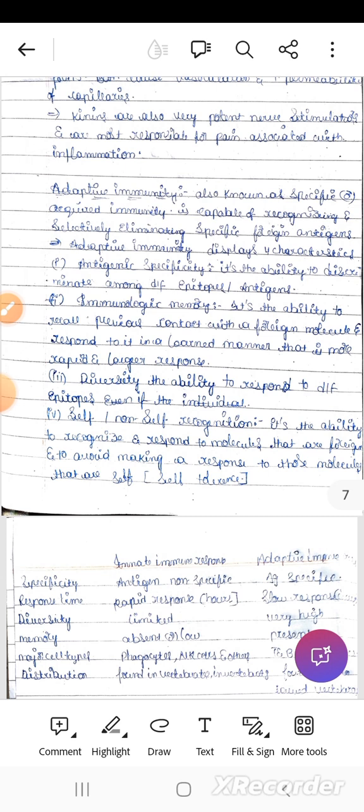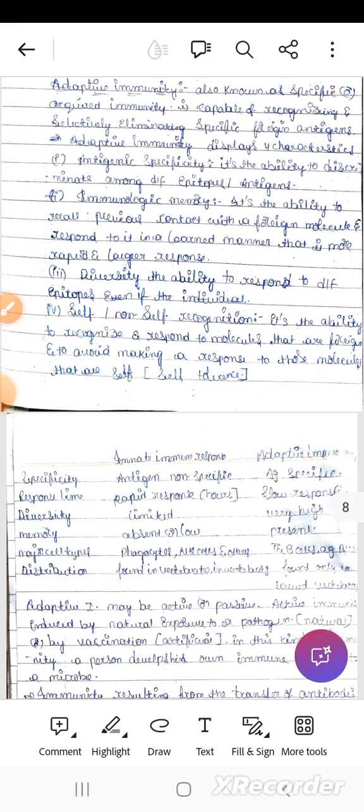Antigenic specificity is the ability to discriminate among different epitopes and antigens. Second one is the immunologic memory. It is the ability to recall previous contact with a foreign molecule and respond to it in a learned manner, that is, a more rapid and larger response.